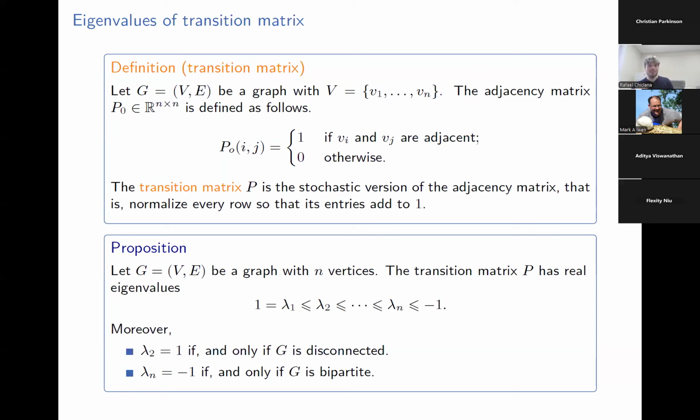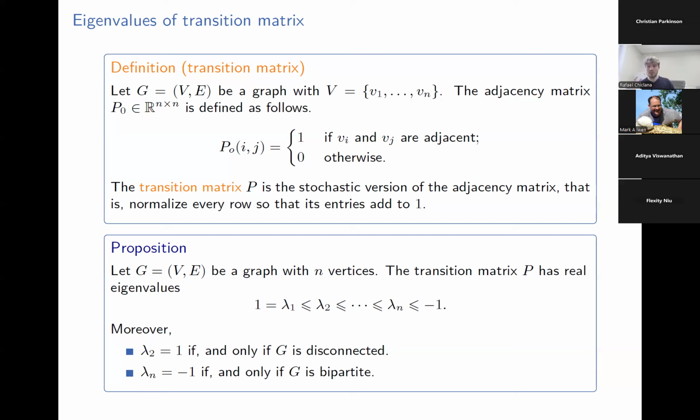So if we want to avoid these two problems, what we need for sure is to have all the eigenvalues from lambda 2 to lambda n bounded away from 1 and -1. So if we take the absolute value of the eigenvalues, we want the absolute value of these eigenvalues to be small.